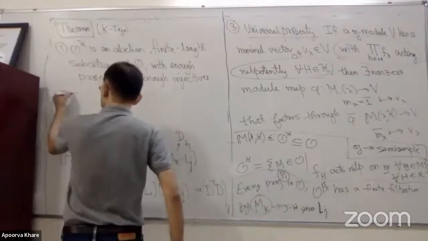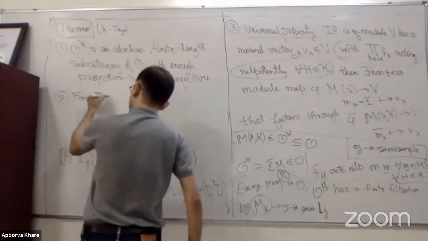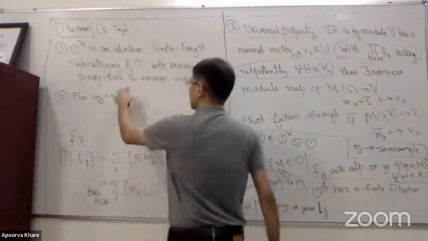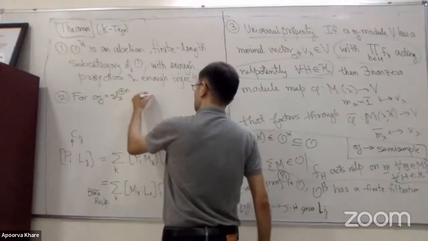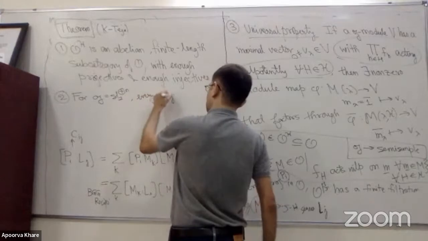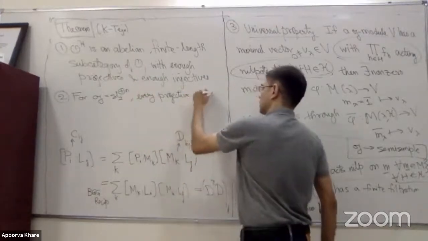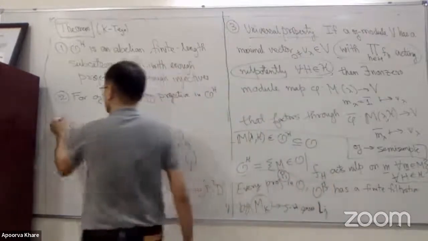for G equals SL2, only for copies of SL2, what we prove is every projective in category O_H has a standard filtration.